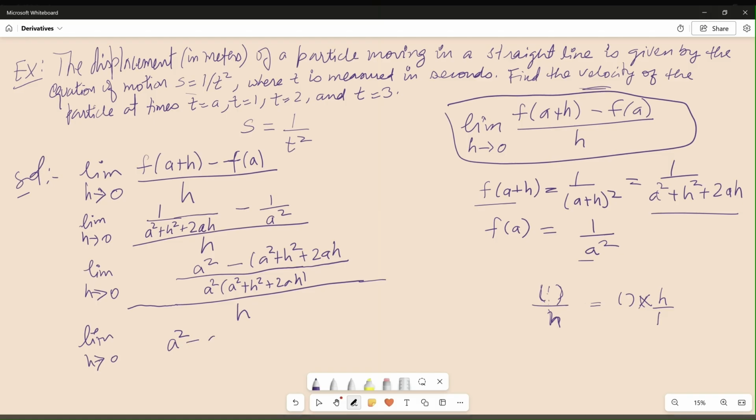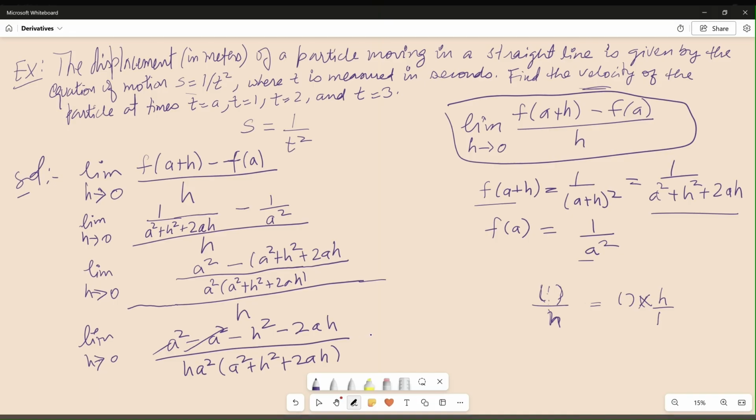Minus a squared minus h squared minus 2ah, divided by h times a squared. Okay, now this is cancelling out, and we can take the common factor here.